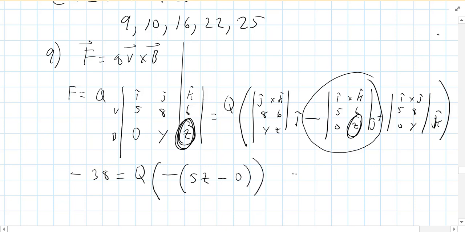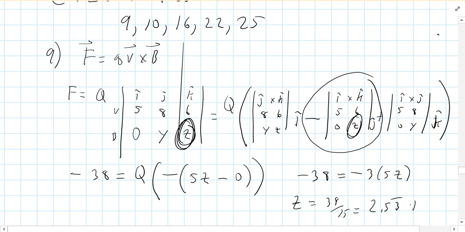So I get negative 38 equals negative Q, which for me was 3, times 5, times Z. So basically my Z component of the magnetic field will be, the negatives drop out, 38 over 15, which in my calculator I got 2.53 repeating.